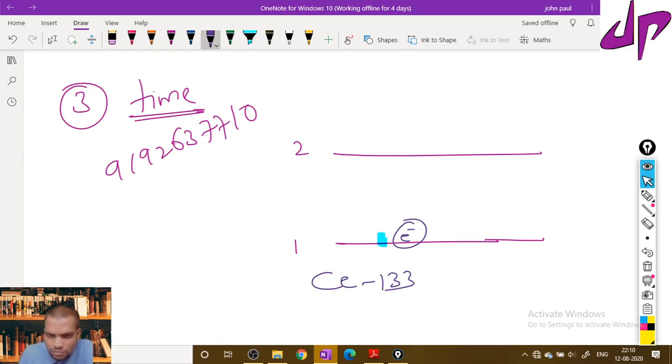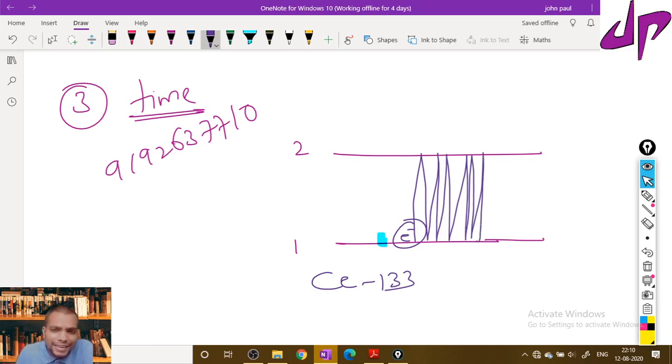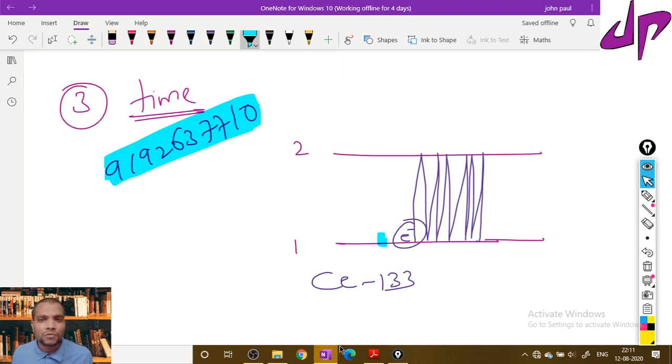If this electron is jumping back and forth from the first orbit to the higher orbit, and from the higher orbit back to the first orbit, in how many times? It is jumping back and forth these many times, 9192631770, something like a phone number. So if an electron makes transitions between the levels of the cesium 133 atom when it is in the ground state, how many times? These many times.